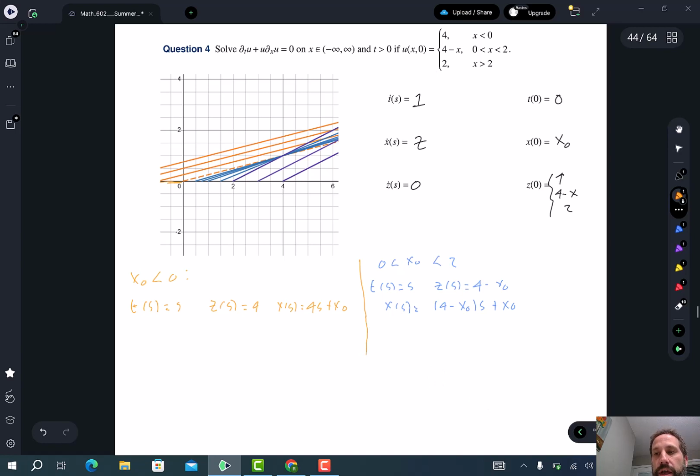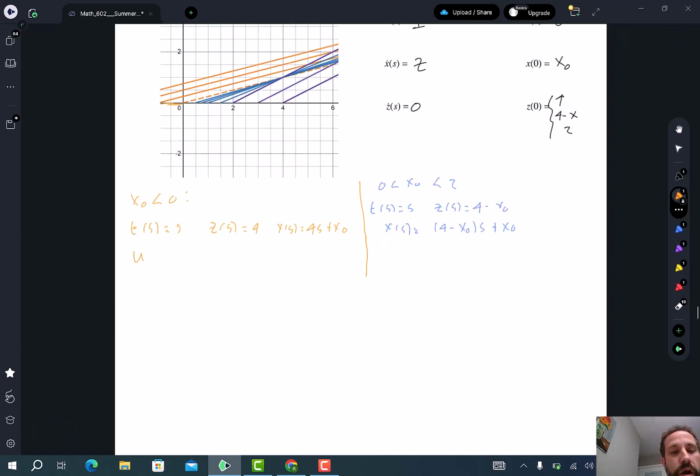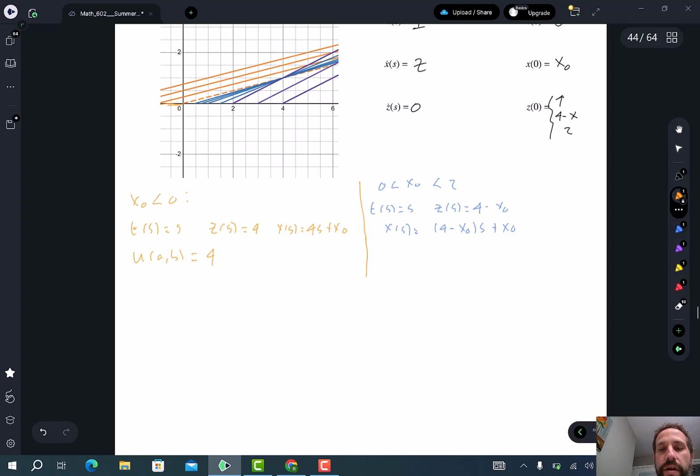Okay, and if I come back over here, I know that in this part, u, for a generic point AB, u of AB is going to be equal to 4. If I come over here and try to do the same thing, I'm going to have u of AB is going to be equal to 4 minus x naught.